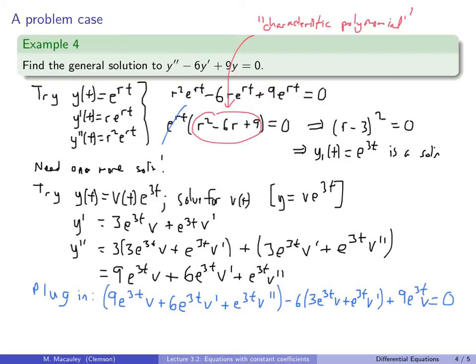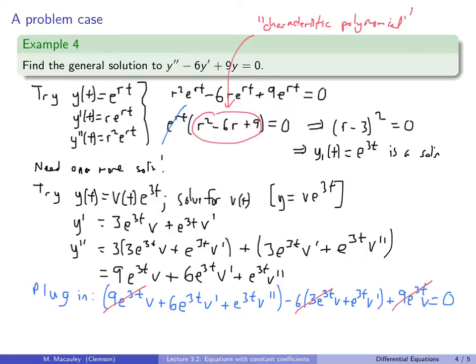First of all, we can divide through by e to the 3t. Actually, well, let's collect terms. So how many v's do we have? We have 9 e to the 3t v over here, we have 9 over here, and then we have negative 18 right here. So those all cancel. 9, 9, and negative 18.